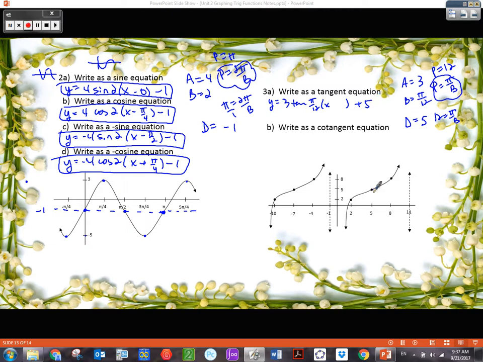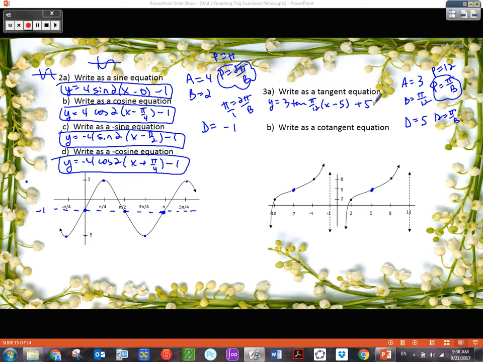It's the middle part, the little belly, that's been shifted from the y-axis. So I have to decide which one is closer to the y-axis. I think we agree this one is closer. So this is the phase shift I'm going to use. It was shifted right 5, so it will be -5.